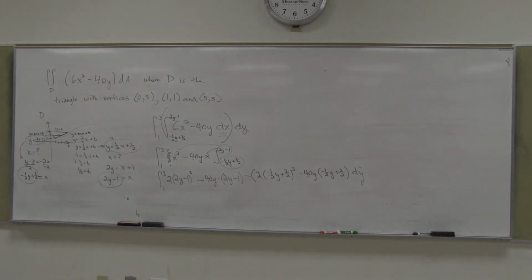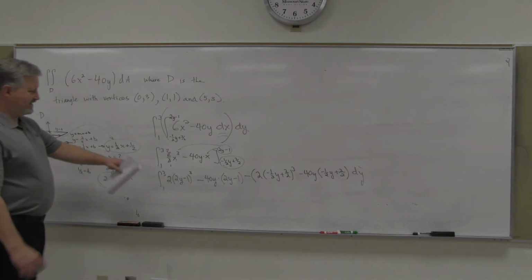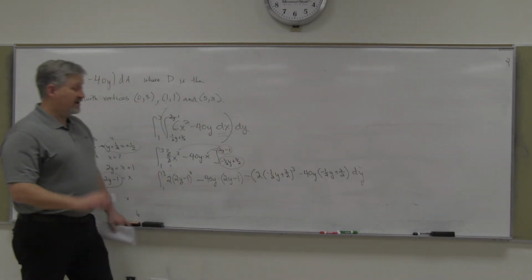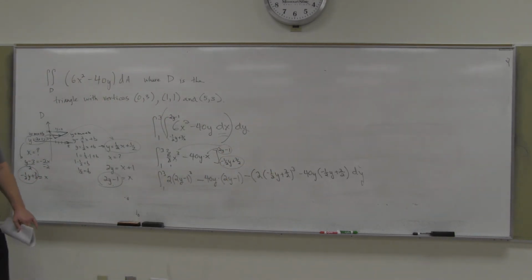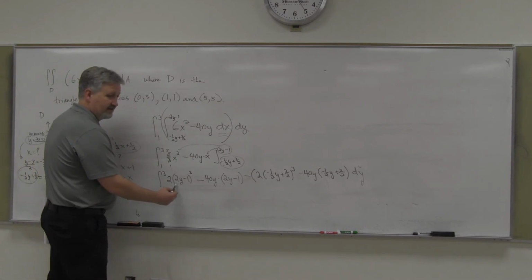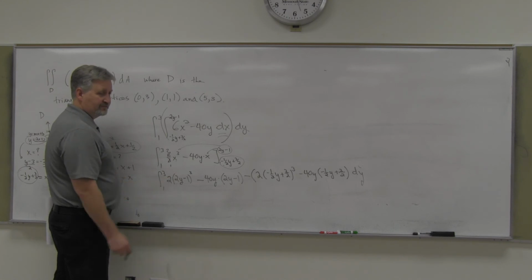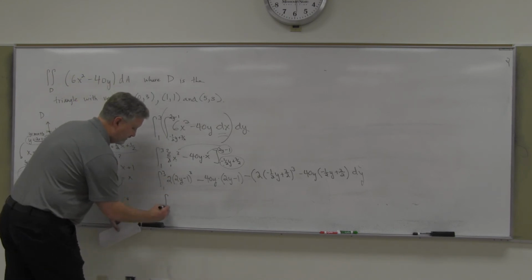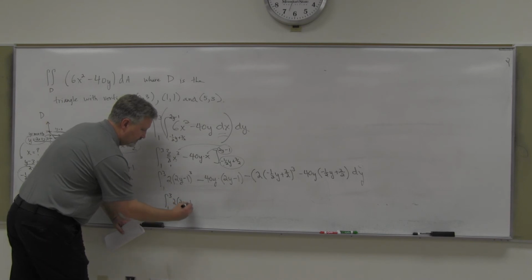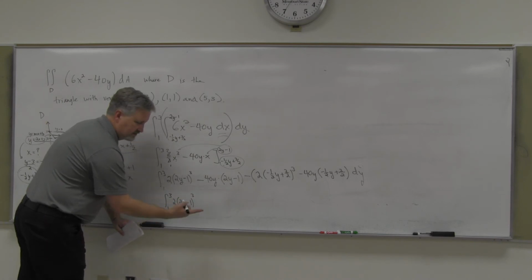Yeah. All right, so one way to go would be, go ahead and cube that out. But another option, a better option I think, is let's leave this as is and do a u substitution on it. So I'm just going to leave that for now. 2 times 2y minus 1 cubed. And I'm going to do that one with u substitution.